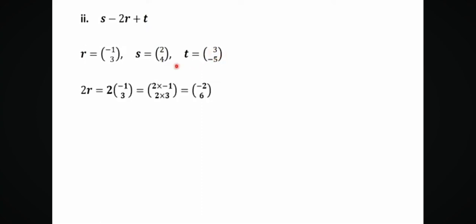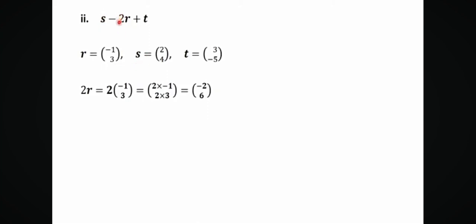Let's pick the next one, which is s minus 2r plus t. We know that r is -1, 3, s is 2, 4, and t is 3, -5. We already know s. And here you see that t is not multiplied by any scalar, so we are not going to do anything about t.